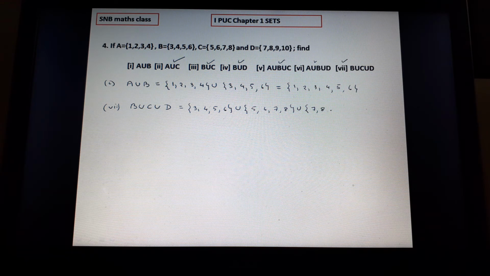So definitely write all the elements of these sets. That means I have to write 3, 4, 5, 6. 5, 6 I have already written. Then 7 and 8, already written. Therefore 9 and 10. So this is the union. Same way do the remaining questions.